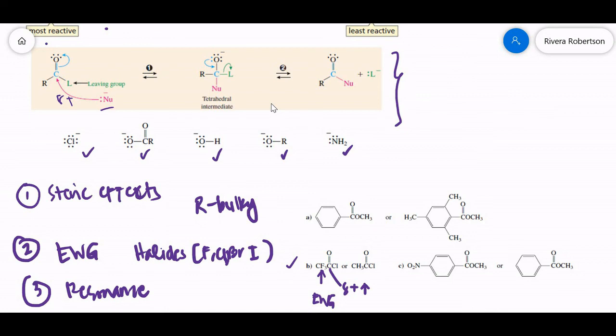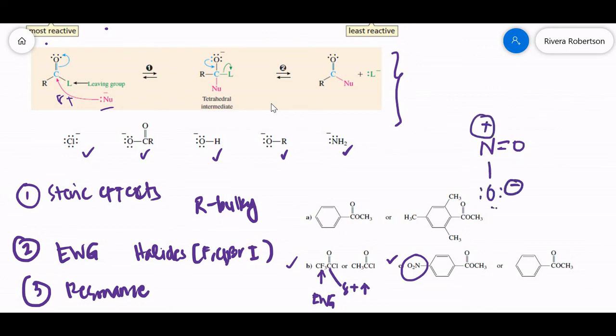Now, between the two compounds in letter C, which one has the faster reaction? Definitely, the faster reaction is the one substituted at the para position with nitro. Because what does nitro do? Your nitro has the following structure.